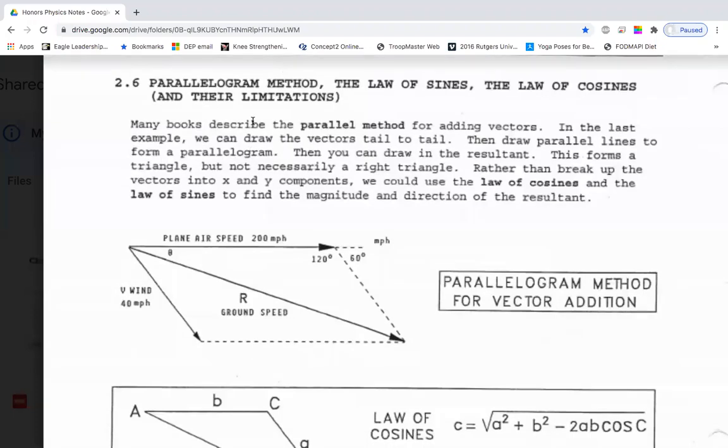Now, there are some books that tell us about the parallelogram method for adding vectors, and I find it very limiting because it only is going to work with two vectors. You take the first vector, your plane going this way, you take the wind, you bring it over here, and they say make a parallelogram out of it and use the law of sines. Well, look, a lot of kids have suggested that we use the law of sines.